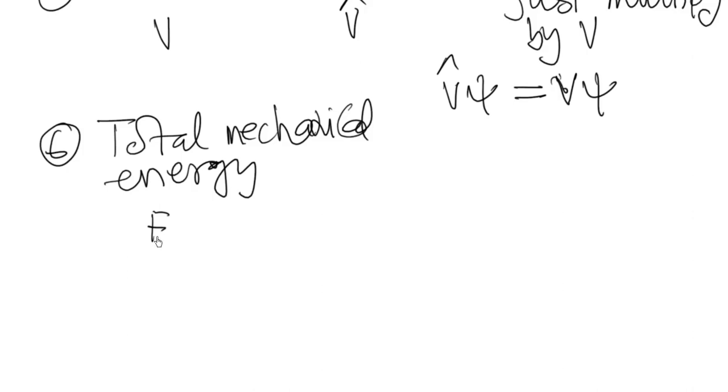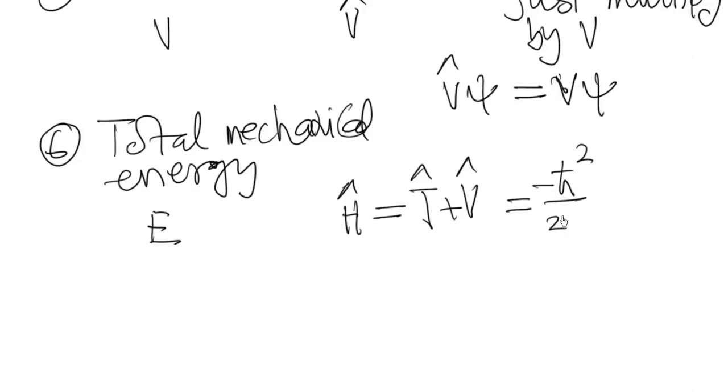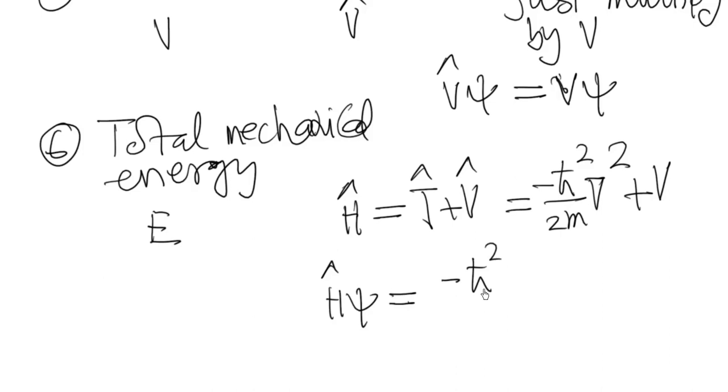It is denoted by E, and the operator symbol is H hat, and this is T hat plus V hat, which is equal to minus h bar square by 2m del square plus V. So if we have a state function psi, and H operates on that, you put here minus h bar square by 2m del square plus V, and here psi.